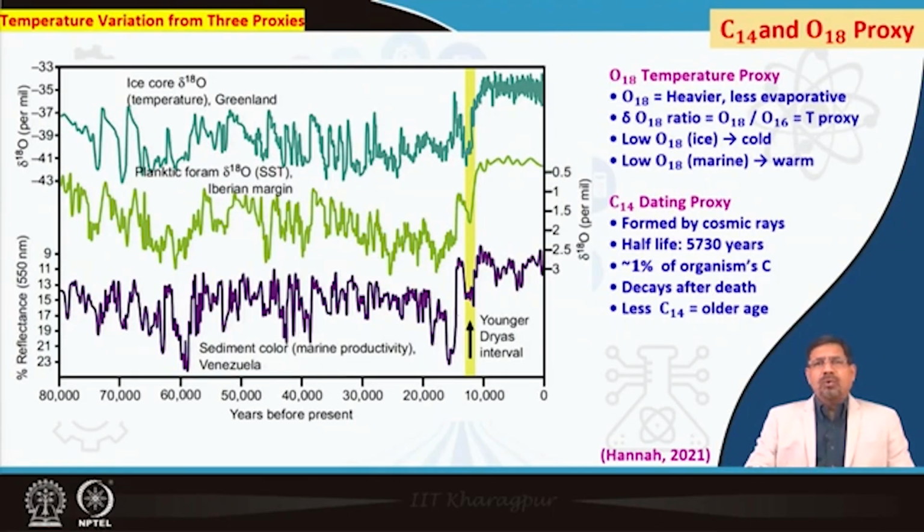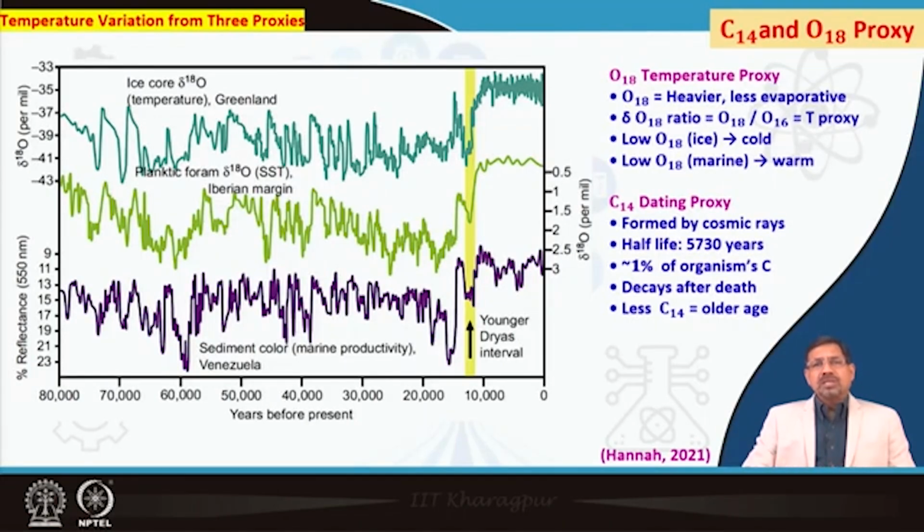So, what is this O18 temperature proxy? As has been mentioned on the right hand side, O18 is relatively heavier than O16. So, it evaporates at a lesser rate, in turn takes more time.